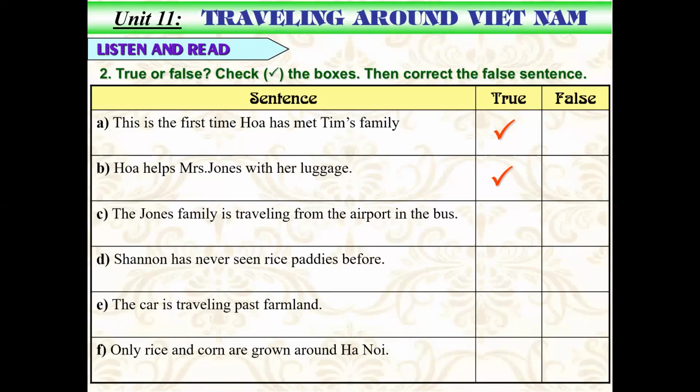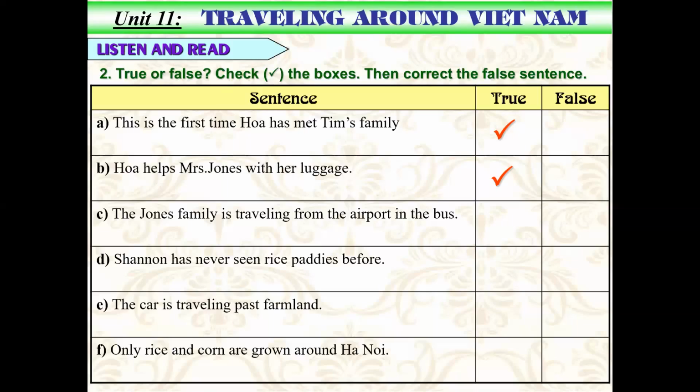How about sentence C? Look at sentence C. What are the keywords? The keywords are Jones family, traveling, airport, bus. So sentence C, is it true or false? Yes, it's false, because you can find the answer on the sixth line in the conversation.